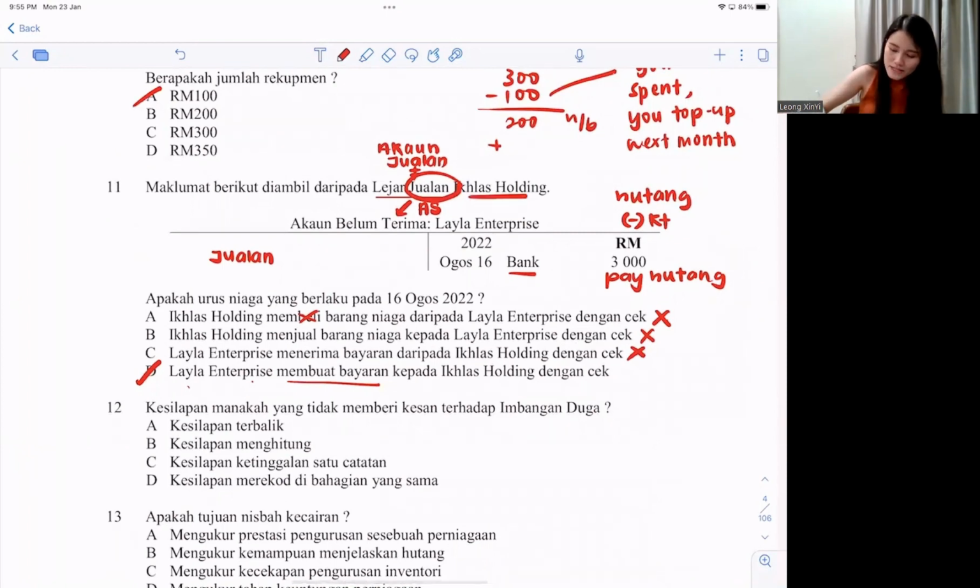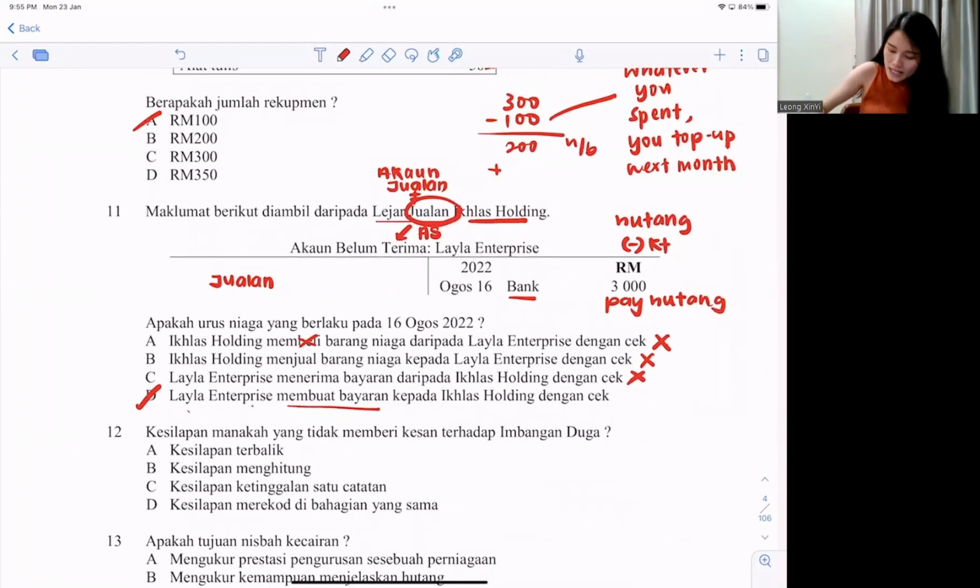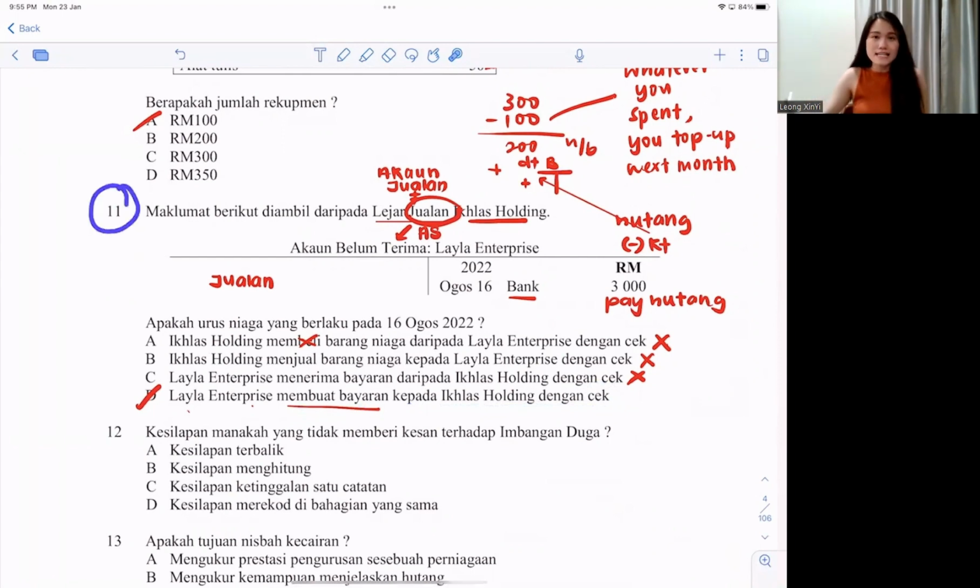Because now you are representing Ikhlas Holding, right? Okay, now you see, it's a catatan in your bank. If your bank is a T-shape, do you see its credit side? When I move into bank, it is debit of bank. That is positive, means I receive money. Membuat bayaran kepada Ikhlas dengan cek. So my bank increased because I received the payment. You understand? Alright, so that is for question 11.